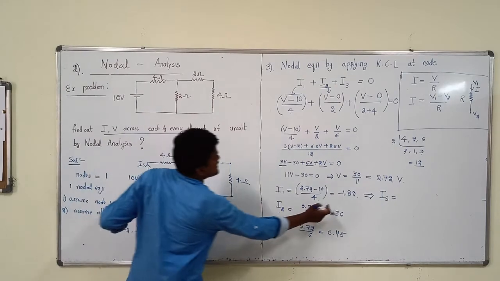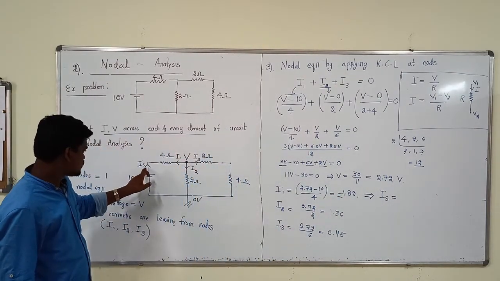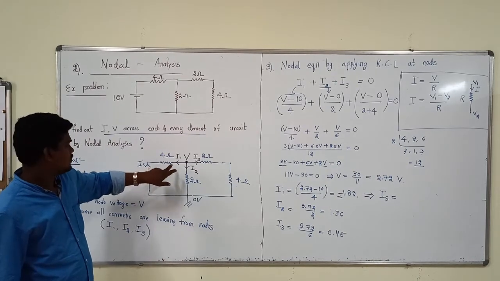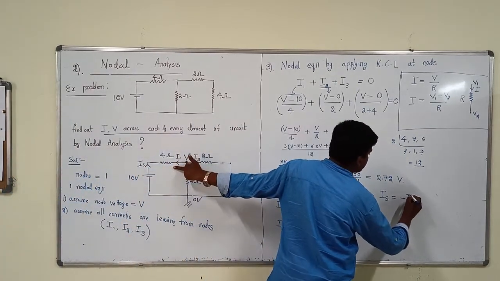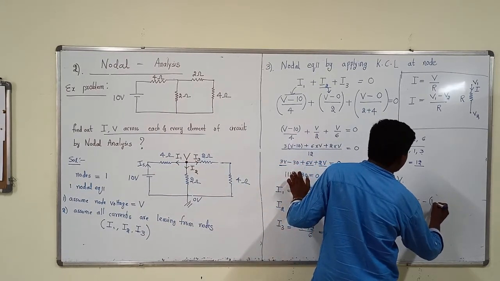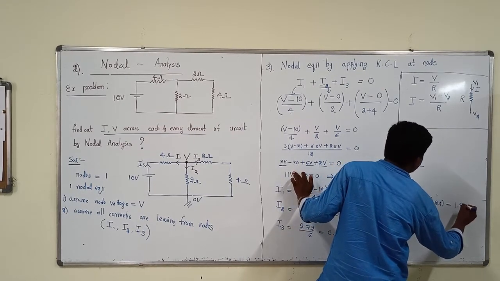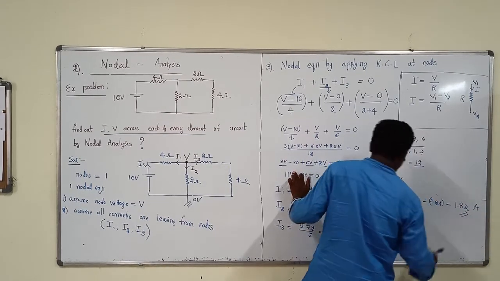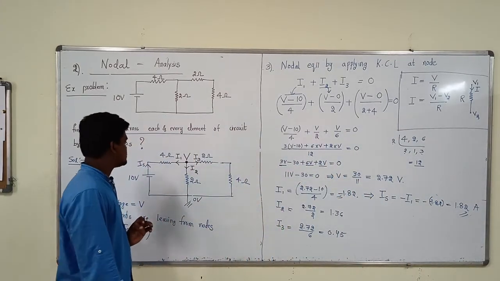That's why we get minus here. So now the source current is opposite of I1. So the source current is minus I1, which is minus of minus 1.82. You will get 1.82 amperes. Understand? 1.82 amperes.